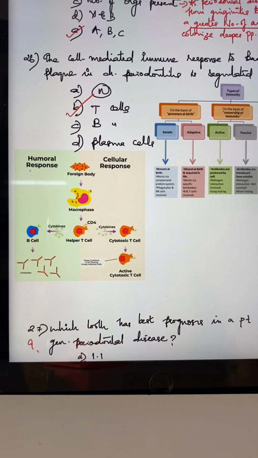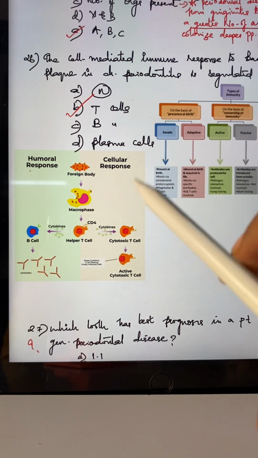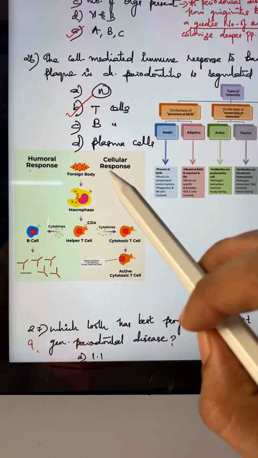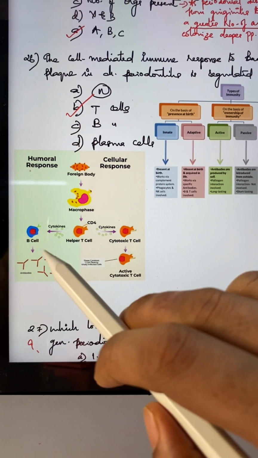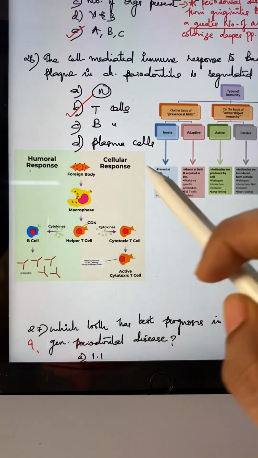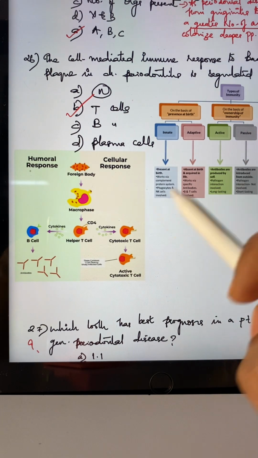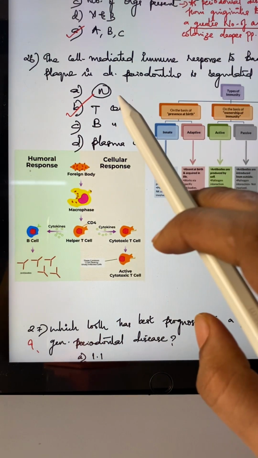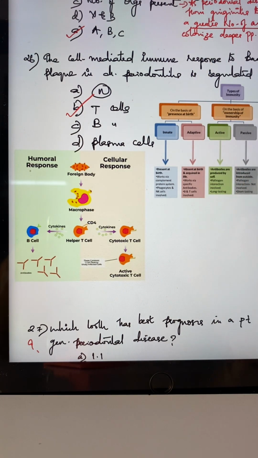So this is the cell-mediated immune response, whereas the humoral response is due to antibody production. The B cells produce antibodies in such a way that they can resist the disease. So the cell-mediated immune response to bacterial plaque in chronic periodontitis is regulated by the T cells.